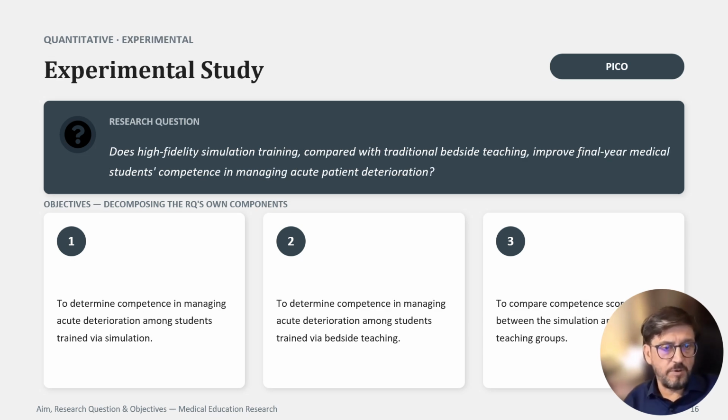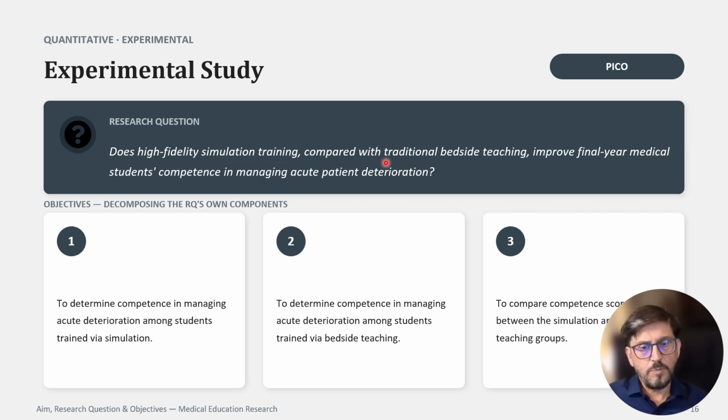Let's take an example of an experimental study. Does high fidelity simulation training compared with traditional bedside teaching improve final year medical students' competence in managing acute patient deterioration? Now, decoding the PICO framework here, the population is final year medical students, and the intervention is high fidelity simulation training.